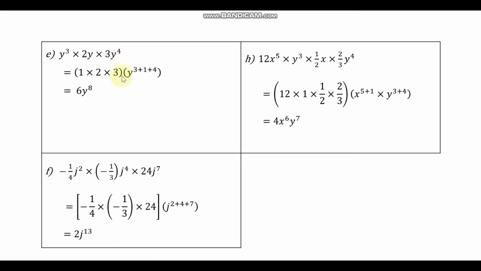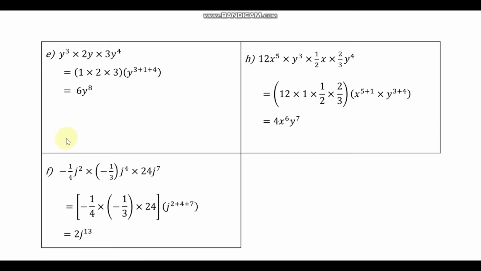Close the bracket. Second bracket, we have the terms of y to the power of 3 plus 1. 1 is from here, and plus 4. Finally, we got the answer 6y to the power of 8.